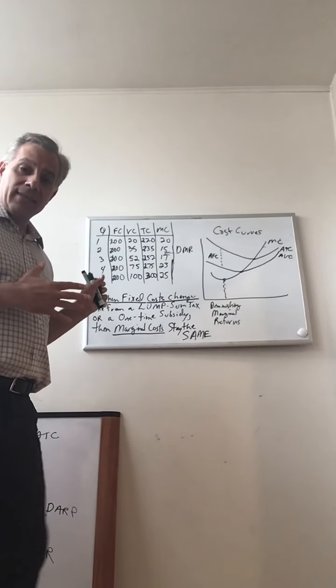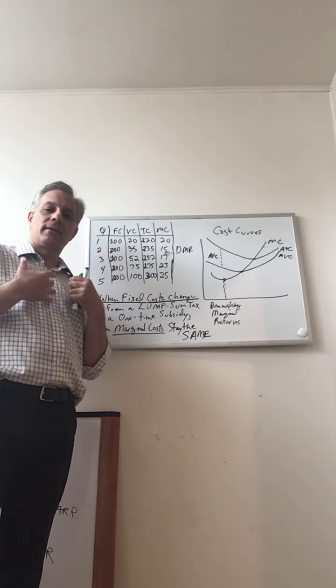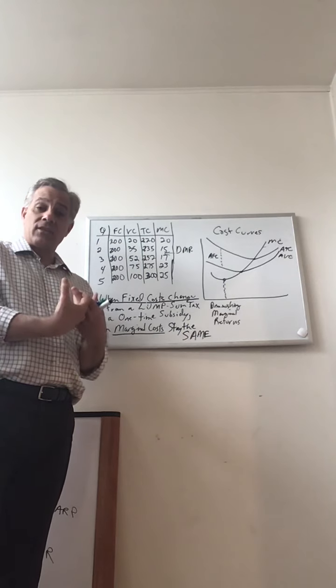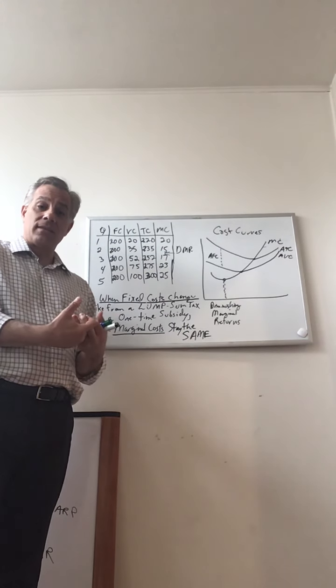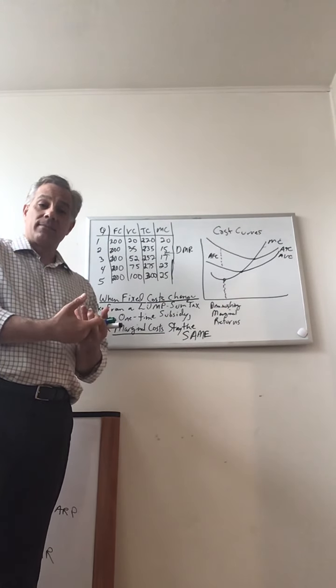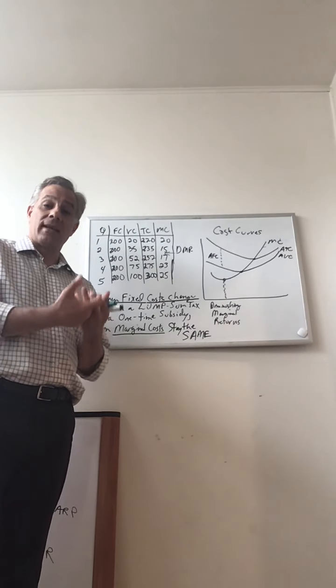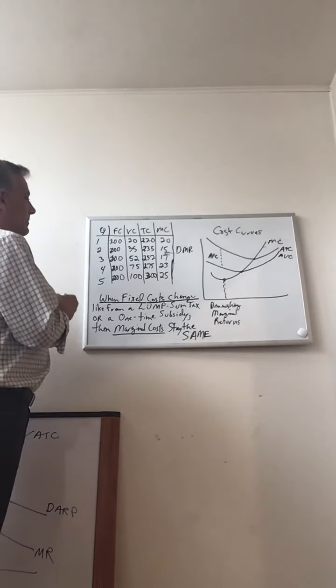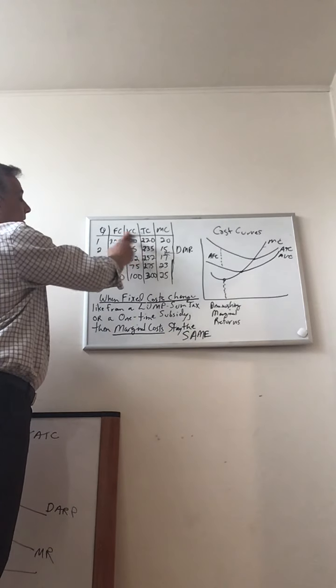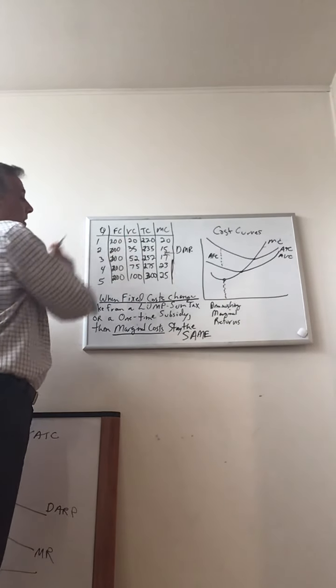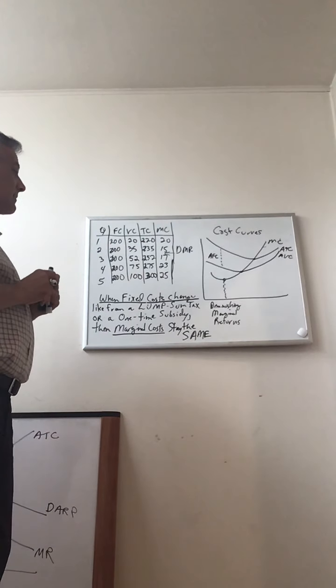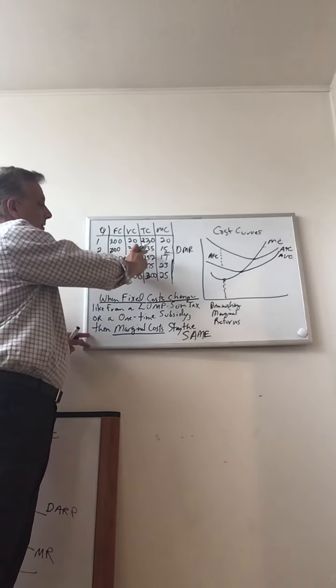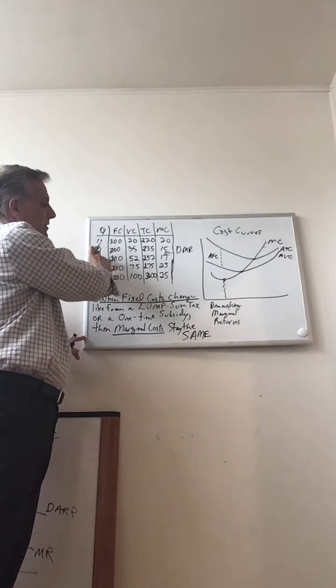Another favorite pastime of theirs is giving you the fixed cost, the variable cost, and the quantity, and asking you to figure out the average total cost. Well, here, the average total cost is 220 divided by 1, which is 220. Here, it's 235 divided by 2.